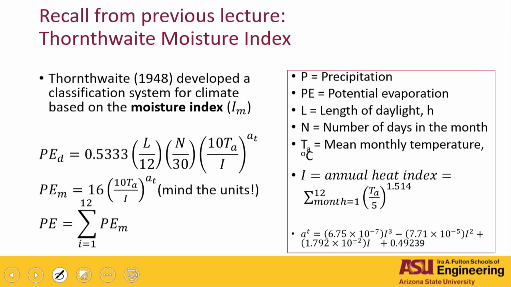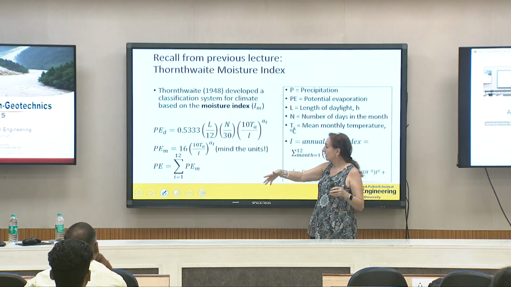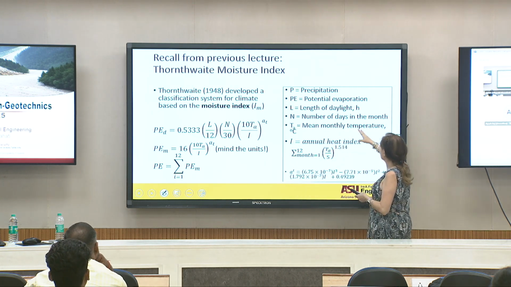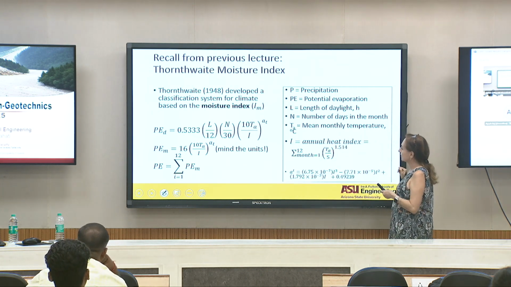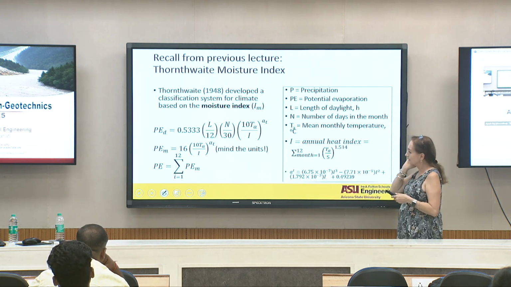Remember that precipitation is easy to get, right? You get precipitation data from any weather station, but potential evaporation is difficult to get, okay? So for the potential evaporation, there are equations that were postulated that are a function of the length of the day, an n value, which is the number of days in the month, and the temperature, which is the mean monthly temperature, okay?